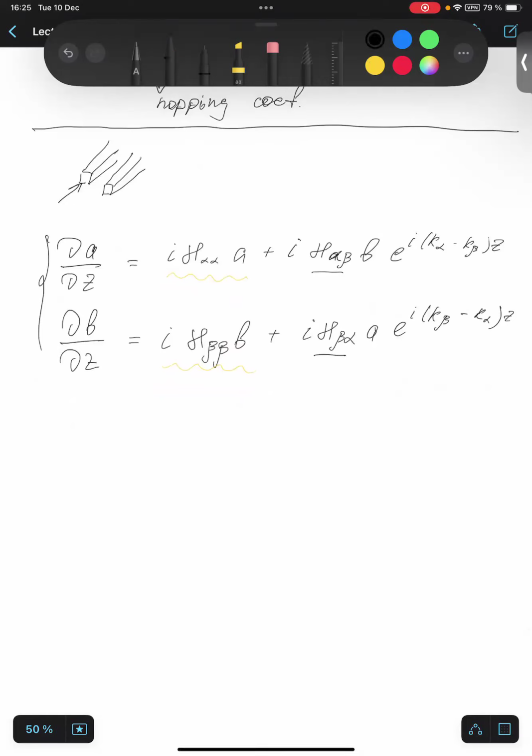Let's say that A(z) equals some A tilde(z) times exponent i kappa alpha alpha z, and the same with B: B tilde(z) times exponent i kappa beta beta z.